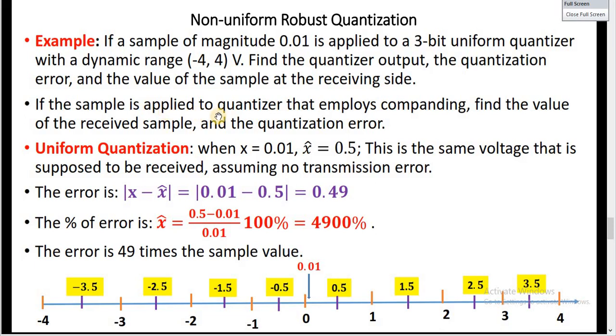If the sample is applied to the quantizer that employs companding, find the value of the received signal and the quantization error. We need to compare the error and the percentage error when the sample is applied to the companding system.